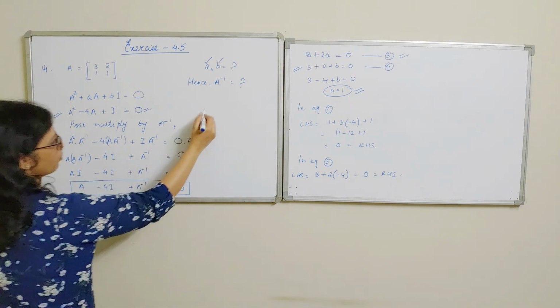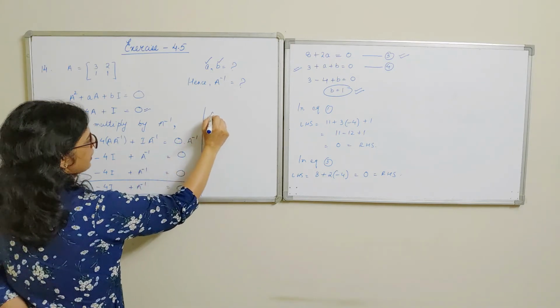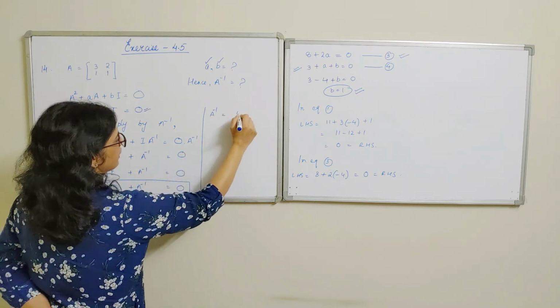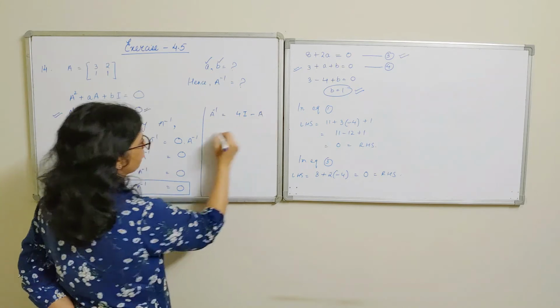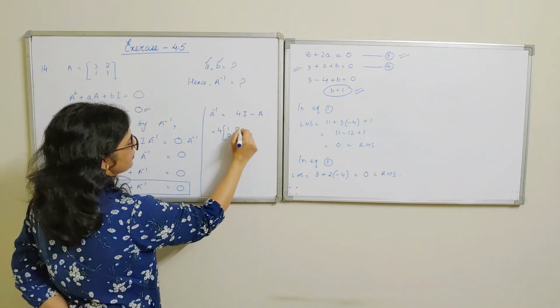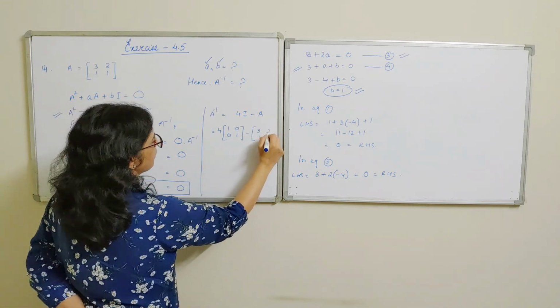Alright, now in this equation only, leaving A inverse on the left hand side, shift the other terms on the right hand side. So we get here A inverse is 4I minus A. 4I is this, and matrix A is 3, 1, 2, 1.